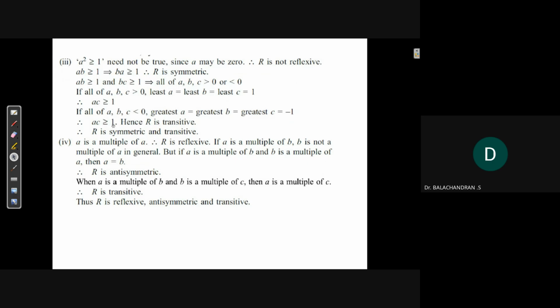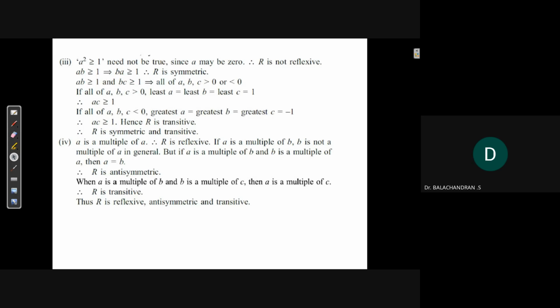In the remaining cases, you will get ac strictly greater than 1. So when a, b, c are greater than 0, we have ac ≥ 1, and if all are less than 0, you'll get ac ≥ 1. And hence R is transitive. Finally, we proved it is symmetric and transitive. It is not reflexive.